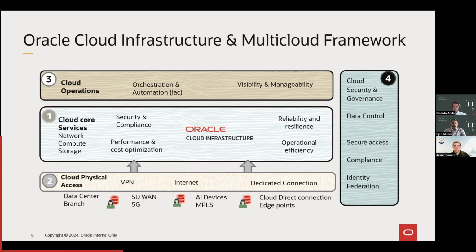You could choose your core cloud services, network, compute, and storage, then your physical access from VPNs to dedicated connectivity, and then cloud operations, where you can have automation with infrastructure as code, as well as visibility and manageability. And how the security pillar can be adapted for your multi-cloud architectures.